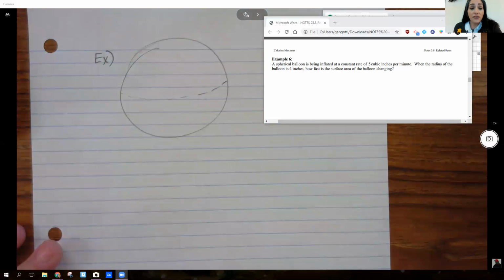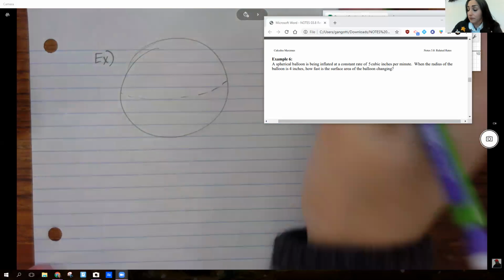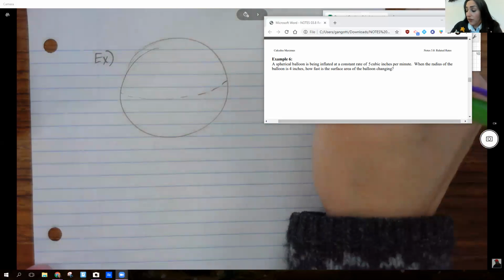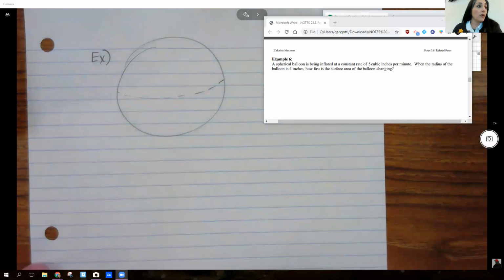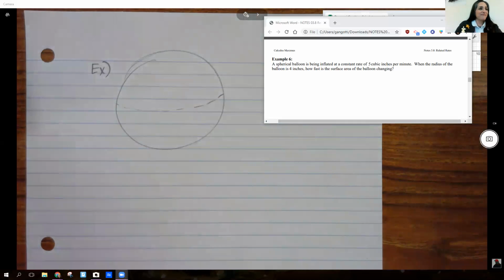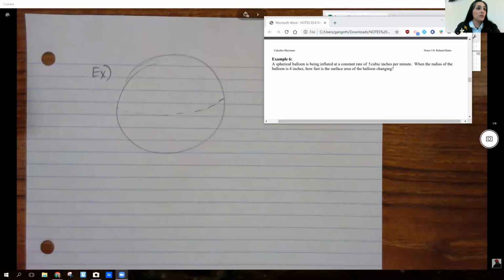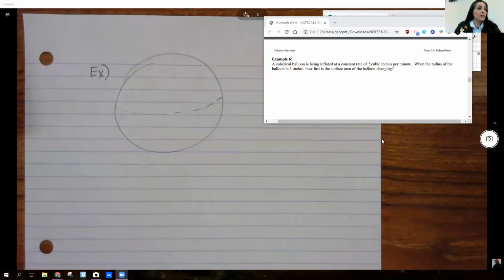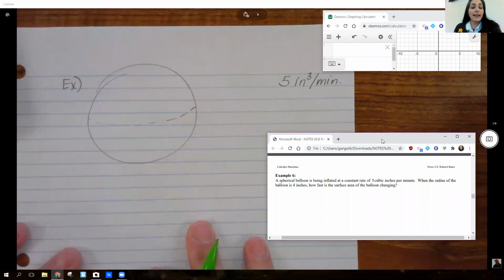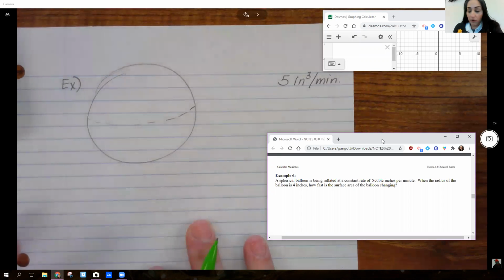It's being inflated, so it's getting larger and larger at a rate of 5 cubic inches per minute. So 5 cubic inches per minute is a rate of change. Let me move this down. It's a rate of change and it's cubic inches per minute.